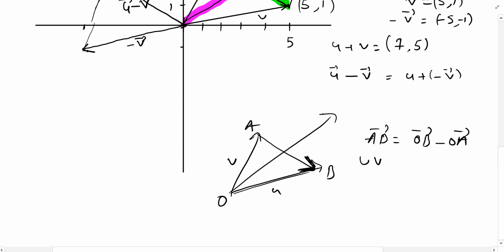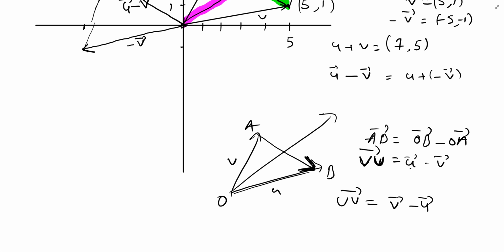Sorry, v to u, because from v towards u is going to be ob, which is u minus v. So you're going towards u, that's why you're writing u first. You just look at where you want to go. You want to go from v to u, so you have to write u first. If they do uv, then you're going towards v, so you do the v vector minus the u vector. So this is really important.